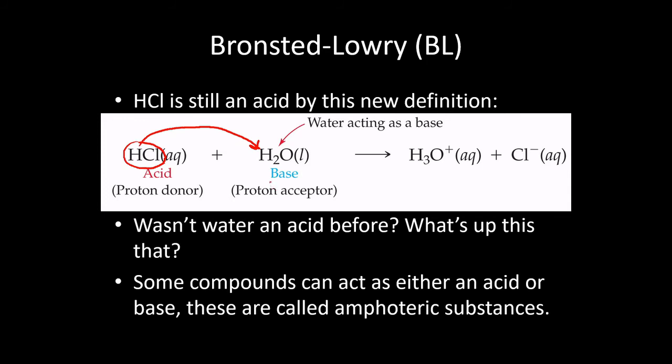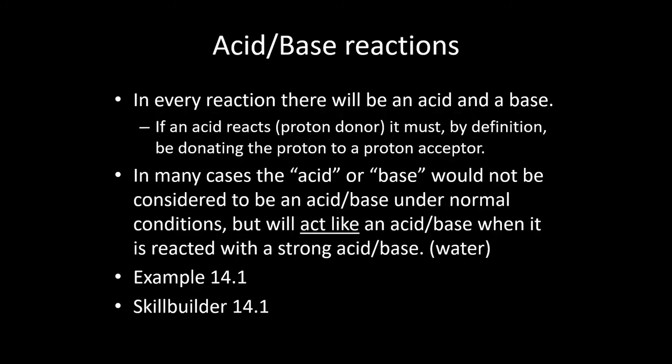There are lots of molecules, and water is by far the best example, that under certain situations will act like a base, and in other situations will act like an acid. It just depends on what else is around and whether that other thing is a stronger acid or base than water is. We call these kinds of molecules amphiprotic substances. They're also sometimes called amphoteric substances. I'm not sure why we have two different names for the same thing, but just for the sake of clarity, I wanted to let you know about both of those.